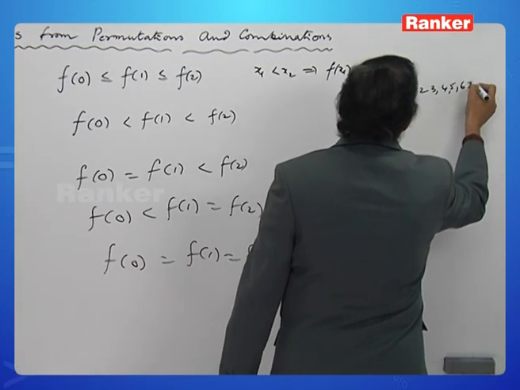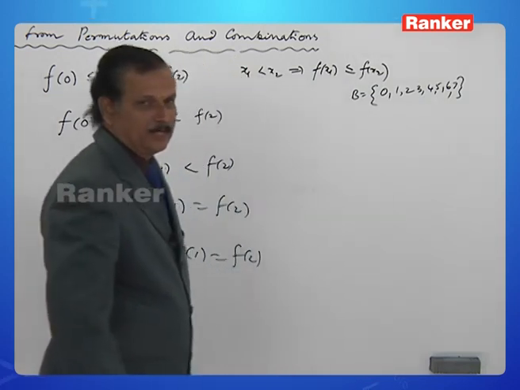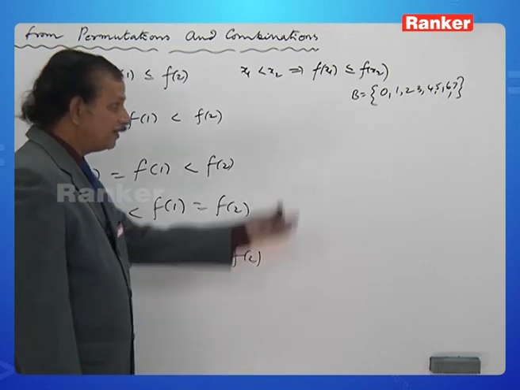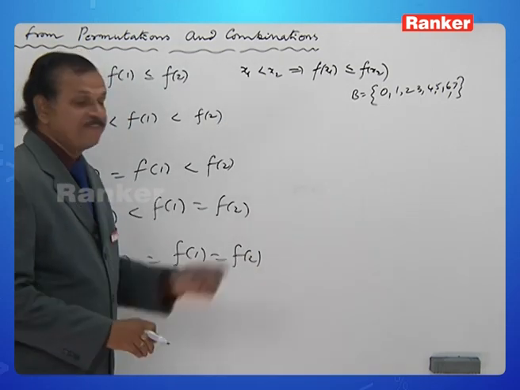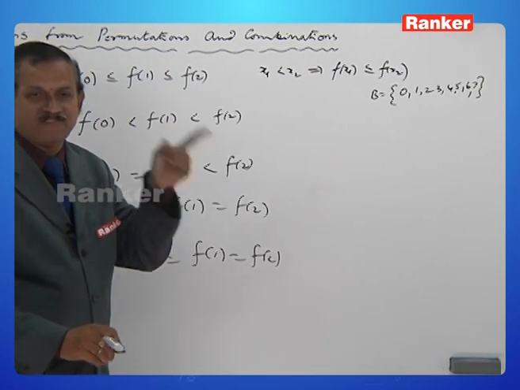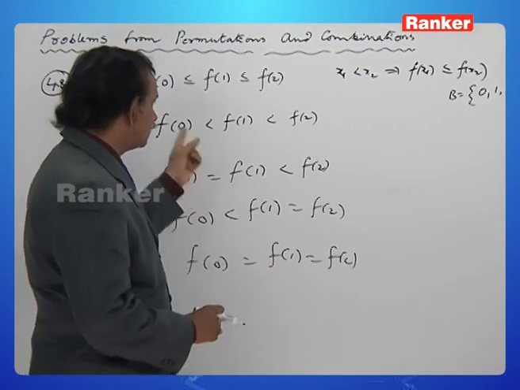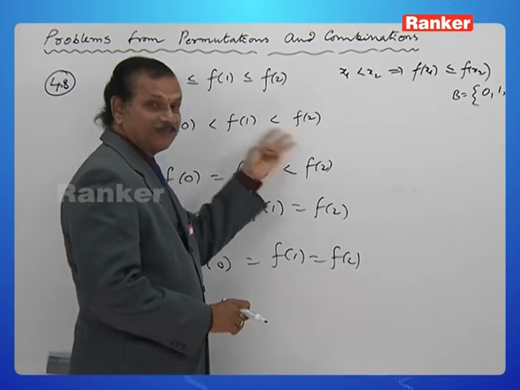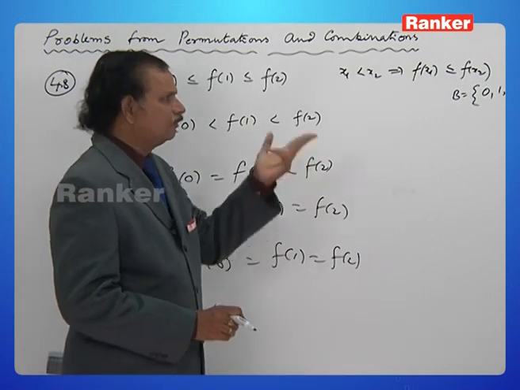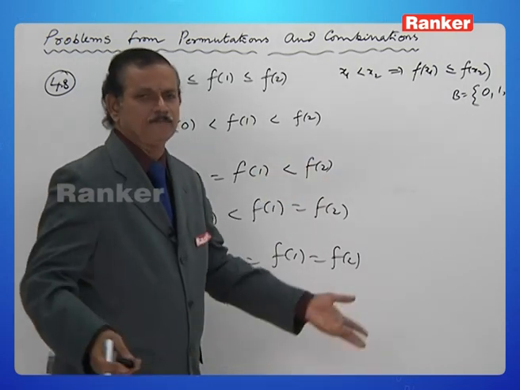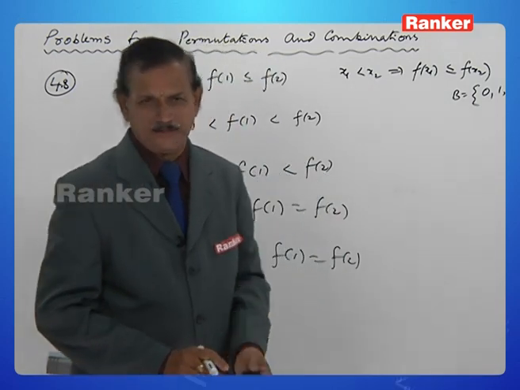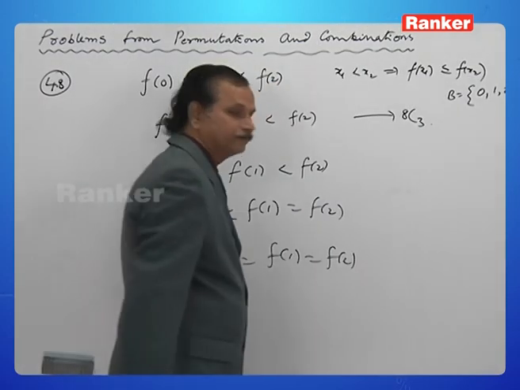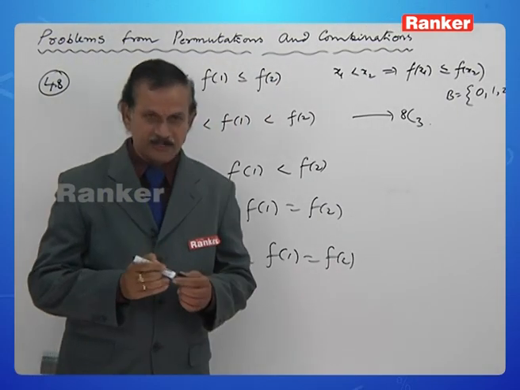How many elements are there? 8 elements are there. From those 8 elements, you are supposed to choose 3 elements. Why? Because those images must be in the increasing order. You choose 3 elements first of all. They can be put in an increasing order in one way. How can you do that? In 8C3 ways.